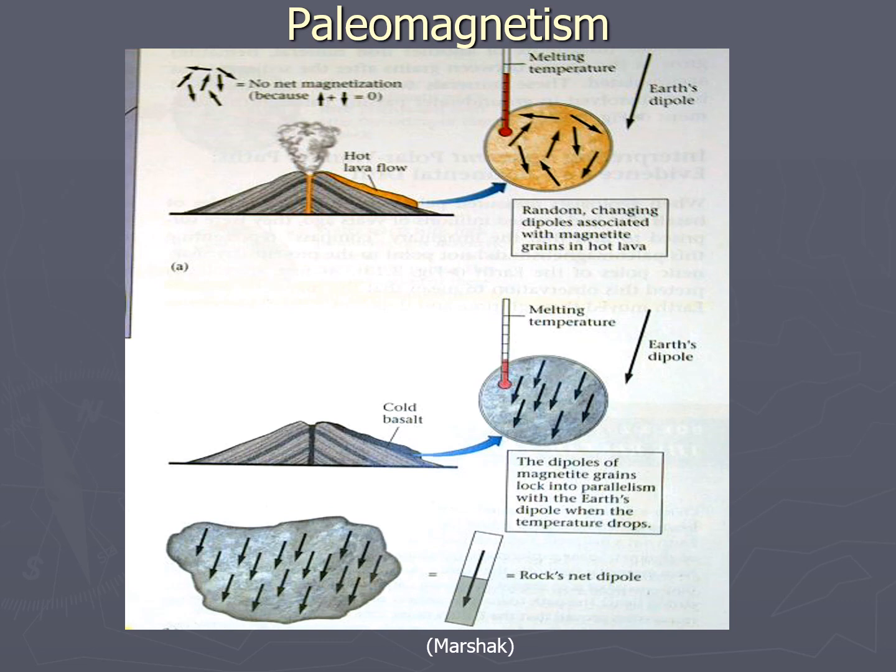But as that material cools and you drop below a certain temperature, then the magnetite crystals in the basalt will align themselves with whatever Earth's magnetic field is doing at the time. So that arrow pointing down means normal polarity. Normal polarity meaning the polarity that we have today.